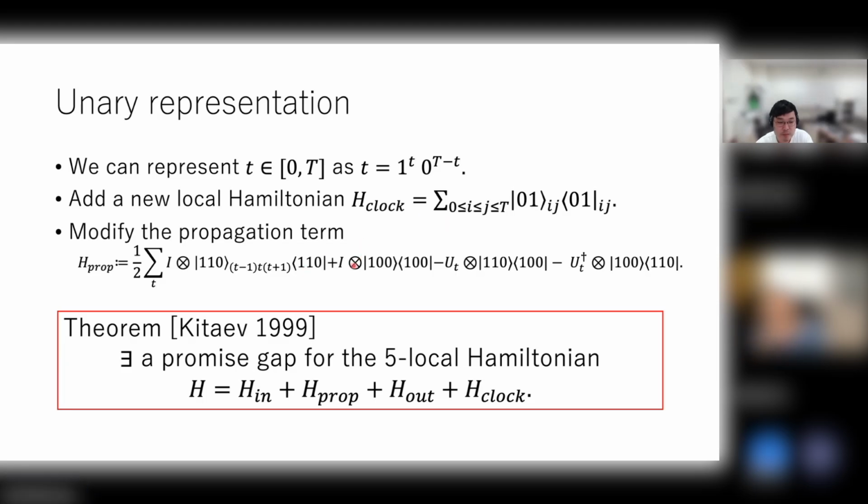And thanks to the unary representation, we can make the propagation term very local. U_t is usually 2-local, and this time-forwarding operator is 3-local. And Kitaev finally shows that there exists a promise gap for this 5-local Hamiltonian.